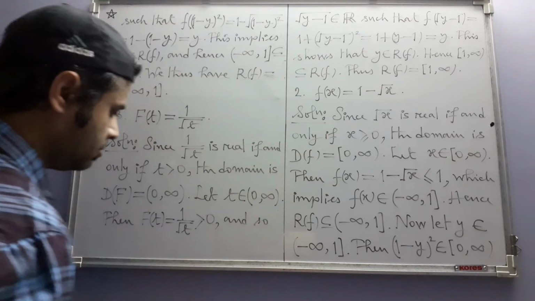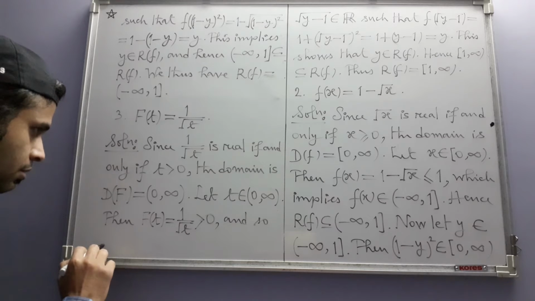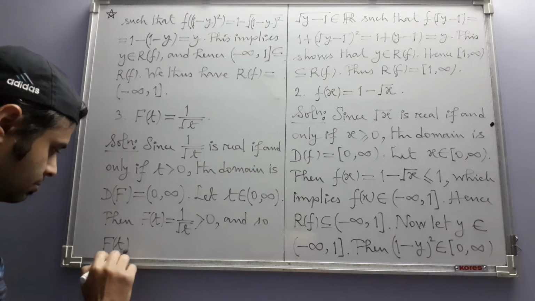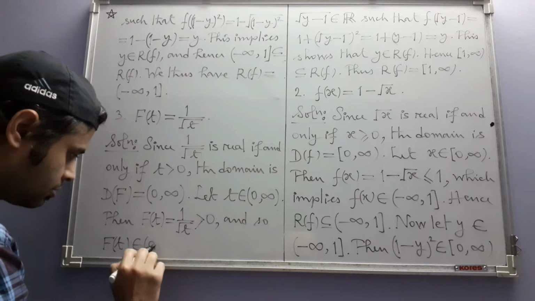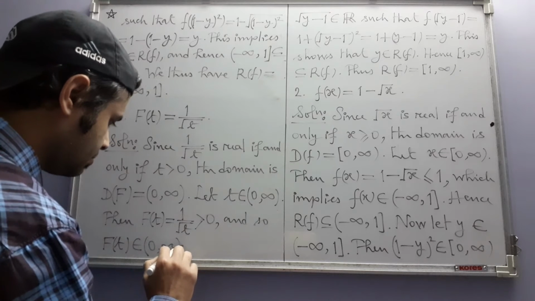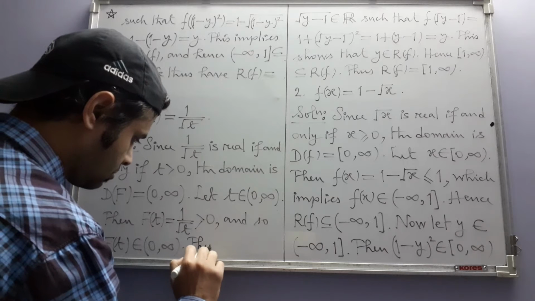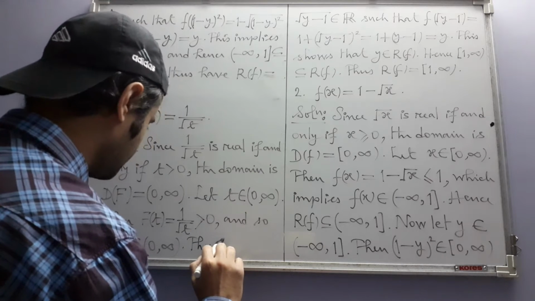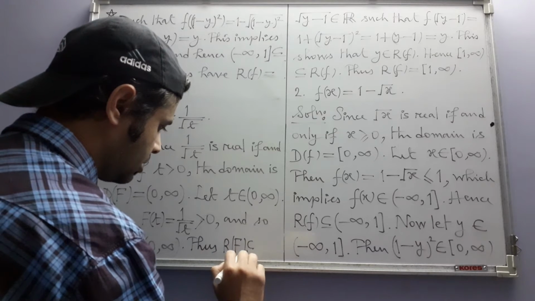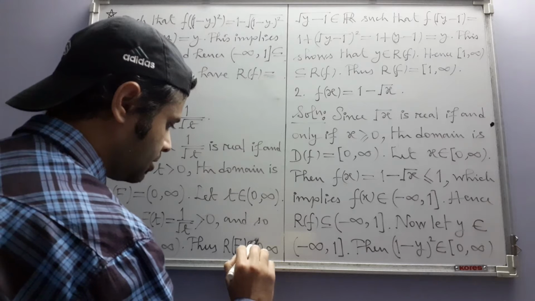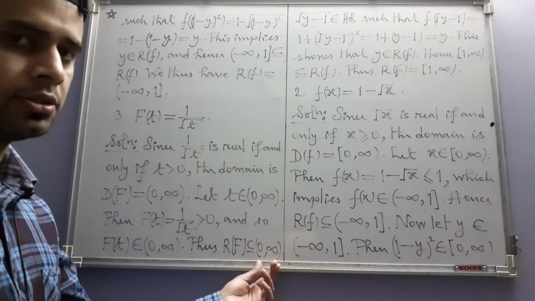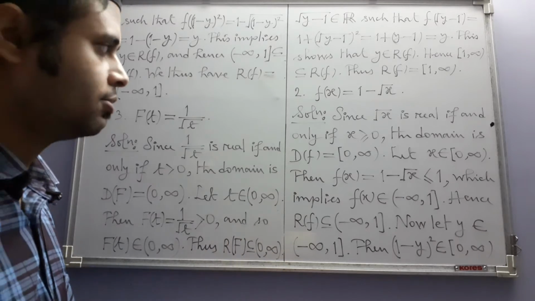And so f of t belongs to (0, infinity). Thus, the range of f is contained in this open ray (0, infinity), and our guess is that it's actually equal to this. So now we have to prove the reverse inclusion.